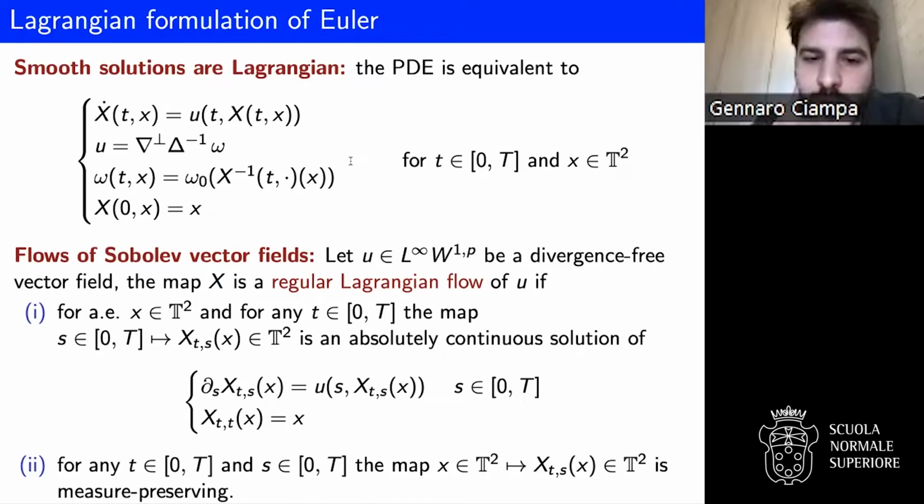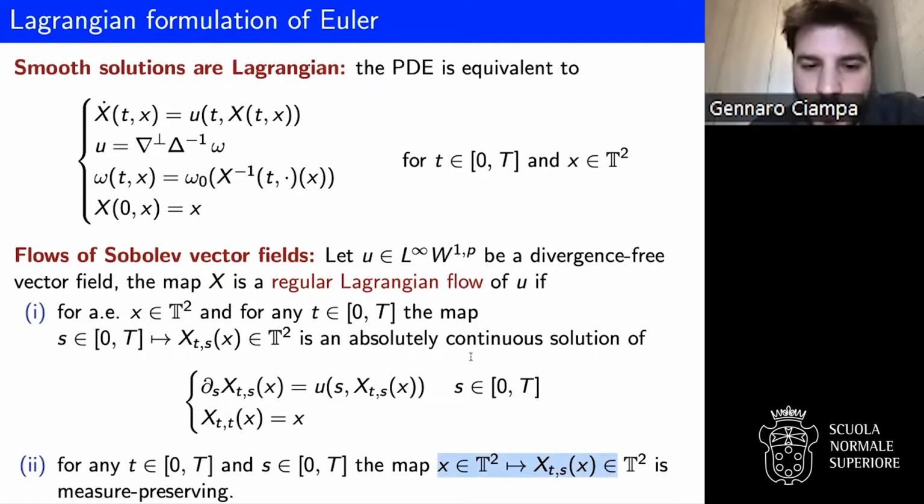This is basically the theory of DiPerna-Lions. So for a Sobolev velocity field, which we assume is divergence free for simplicity, we define its regular Lagrangian flow as a solution of this ODE, which also satisfies this property here. So this map is measure preserving.